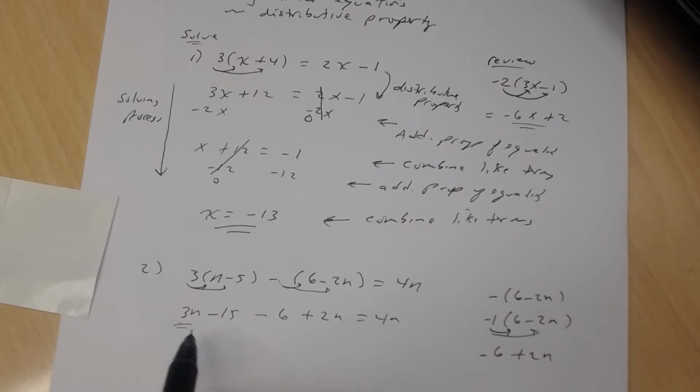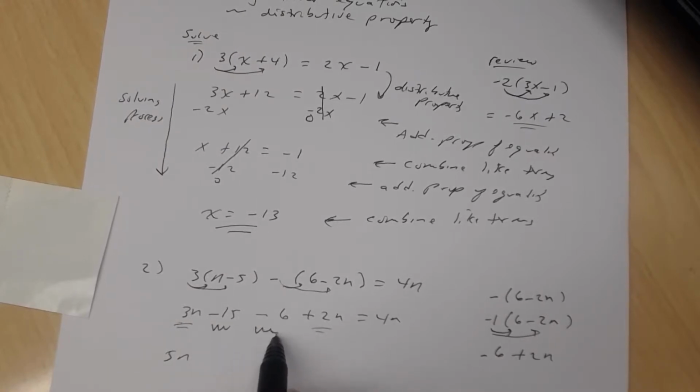So 3n and 2n is 5n. Now your constants, a -15 and a -6. So a -15 plus a -6, if you don't remember your signed numbers, use your calculator, is a -21. And so that's going to equal 4n.